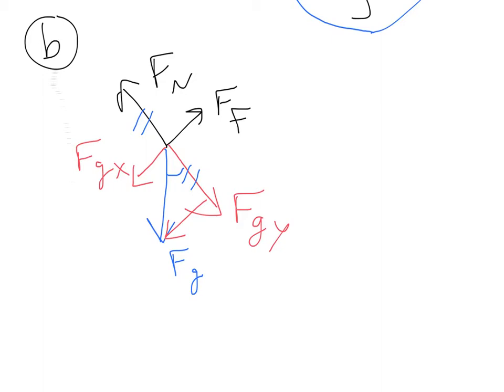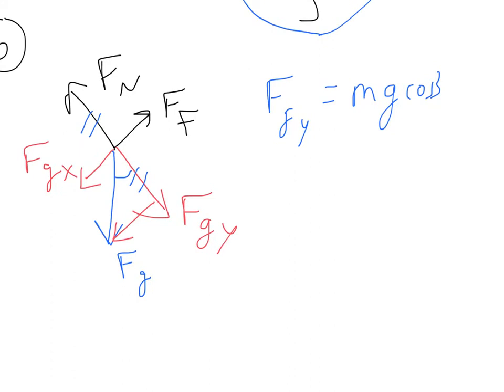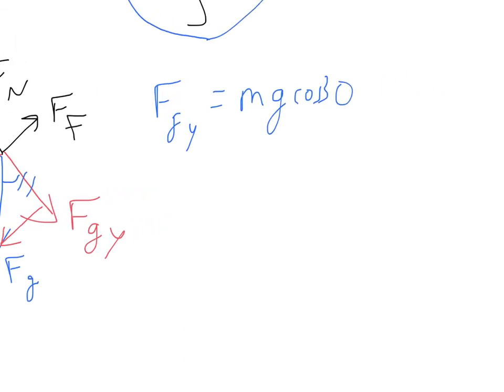So let's fill out some information that we do know. We know that FGY is mg cosine 30. And we know that that is also the same as Fn.